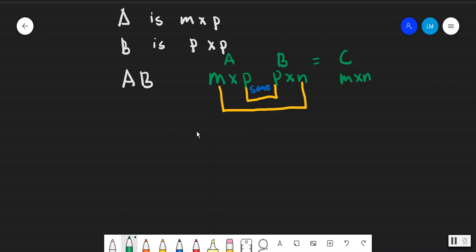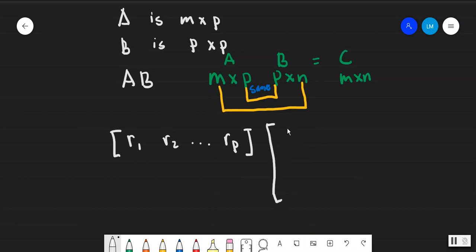So the way to do that is to think of it this way. If you take a random row of A, and you call it R1, R2, and so on down to RP, okay, so we took a row of matrix A. But let's say that we take a column of B, and we'll say that we have C1, C2, all the way down to CP.